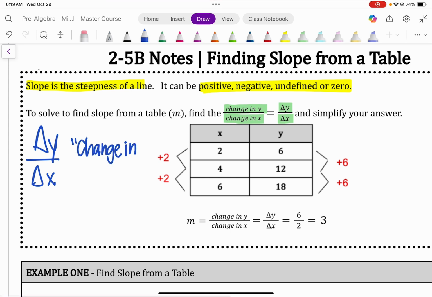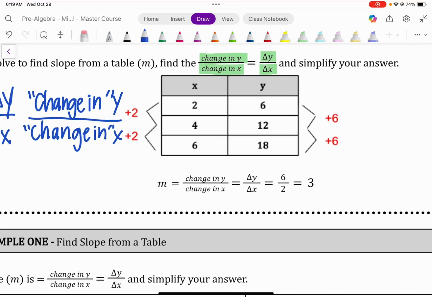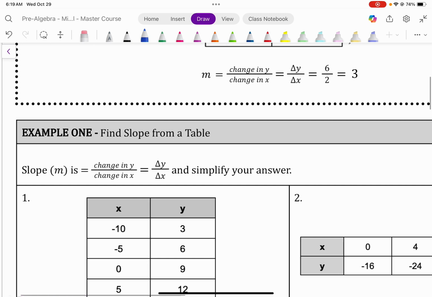It's a Greek symbol, and it's measuring how these values change. So you need to be careful that you're always putting y over x. I'm going to write that every single time.